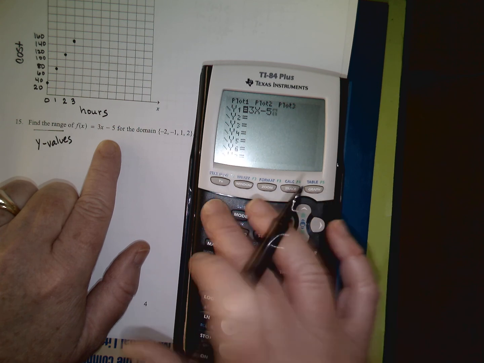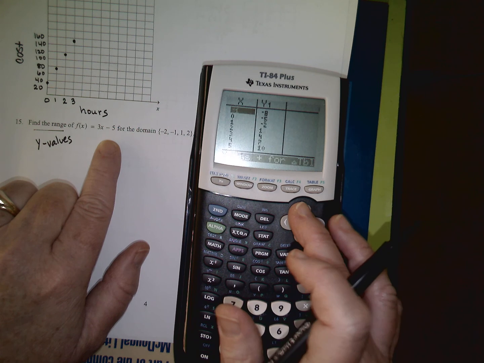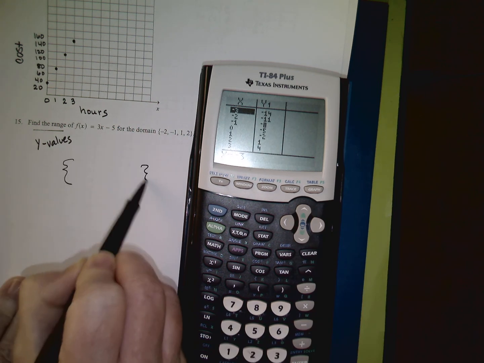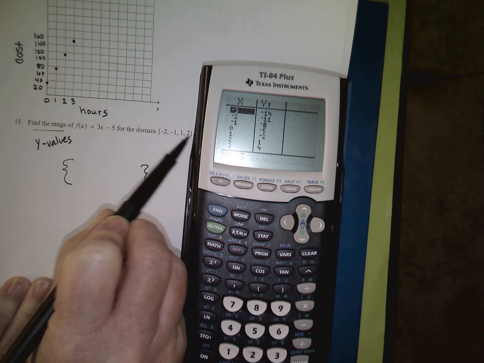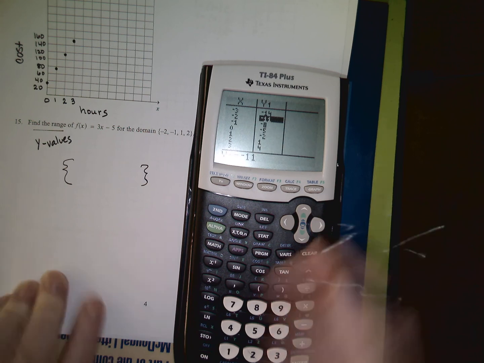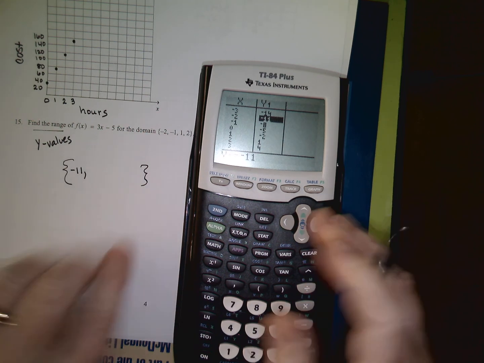Go to the table. Press second graph to get to the table. Now, you want to know the y values associated with this little group of numbers right here. So go to negative 2. What's the y value for that? Negative 11. Right here.